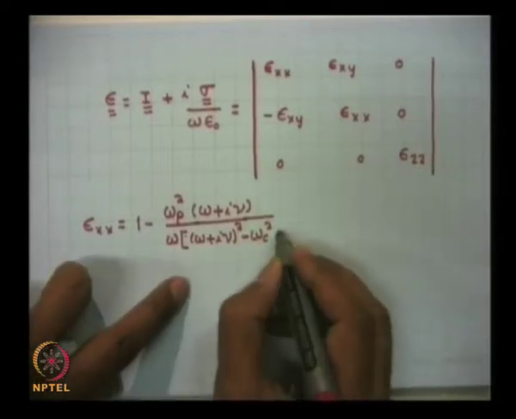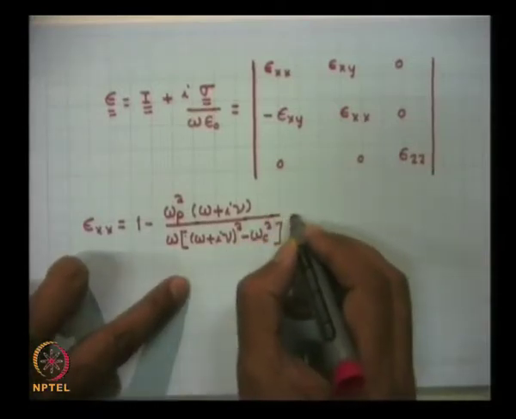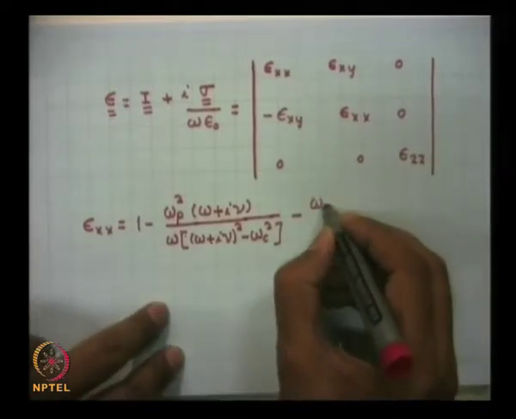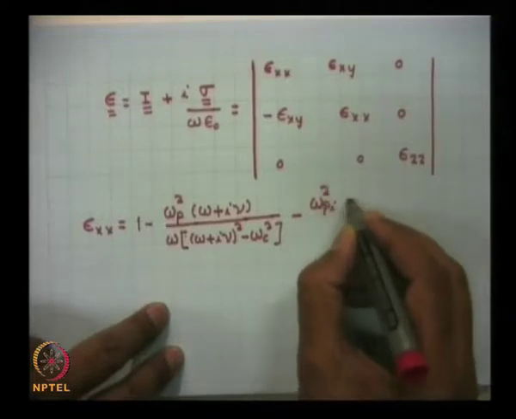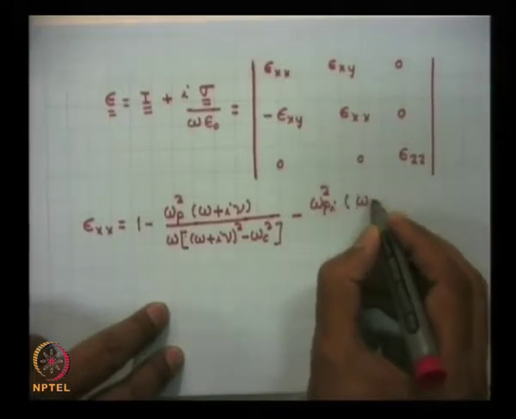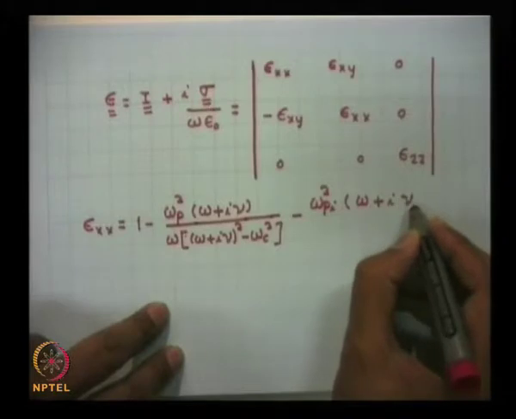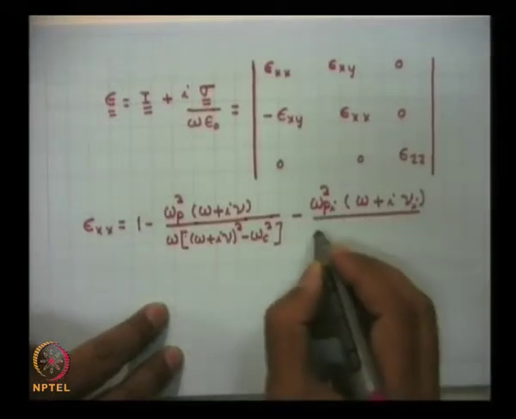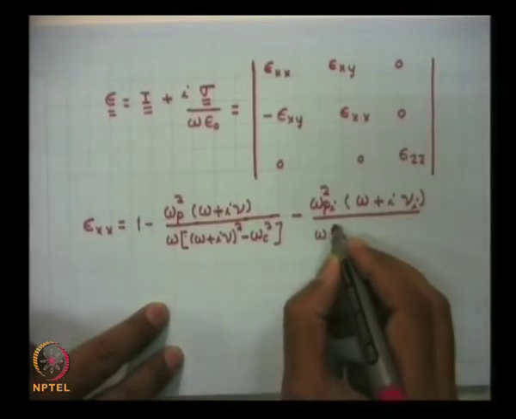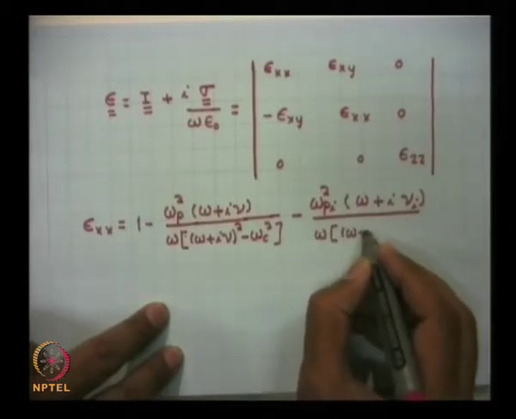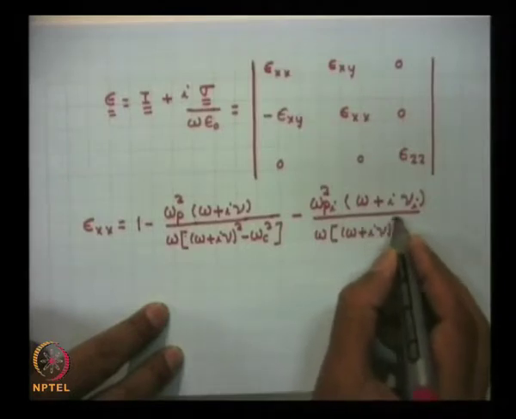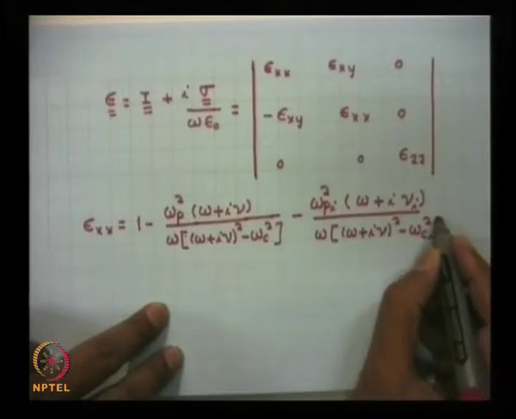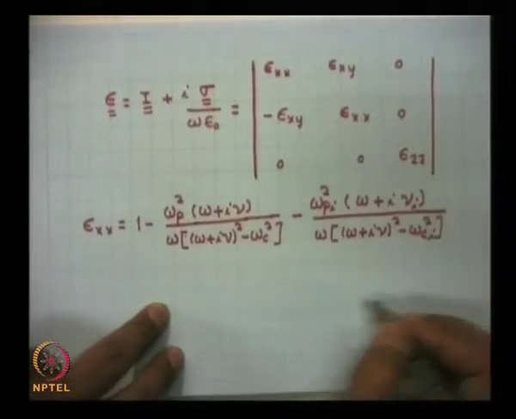This is the electron term, and similarly I must write down the contribution from the ion term, which is the ion plasma frequency square, omega plus i nu i, the ion collision frequency, upon omega into (omega plus i nu i) square minus omega ci square, the ion cyclotron frequency square.